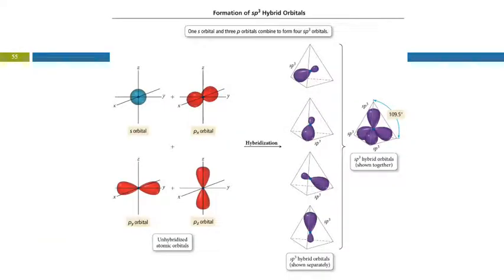So what does this look like? Well, there's the s orbital. There's one of the p orbitals. Here's another, and there's the third one. And we're going to take all 4 of those and average them together. And we end up with 4 things that look like this. They kind of look like drumsticks, right? A small end and a big end.